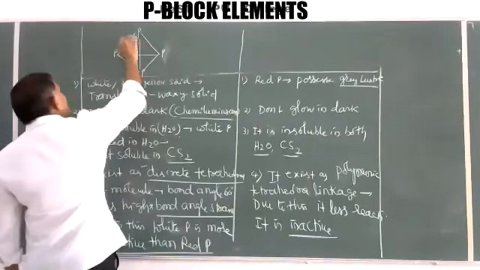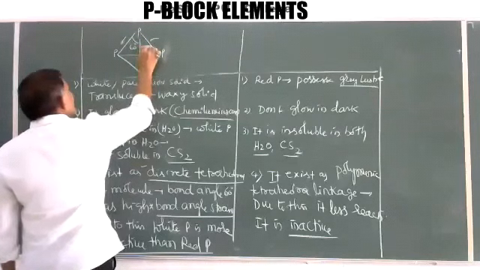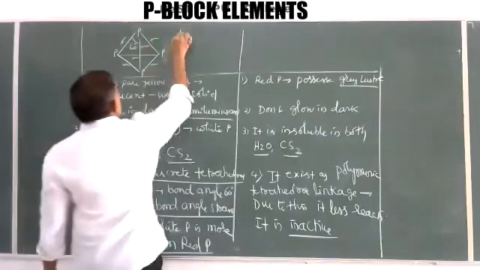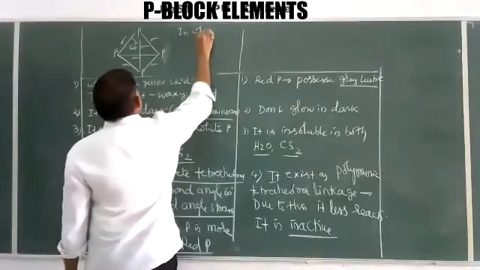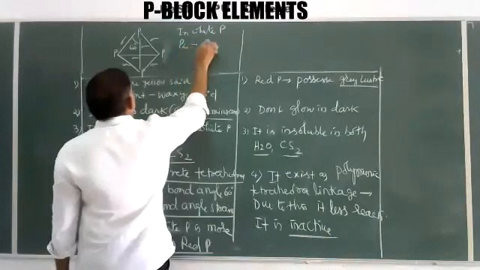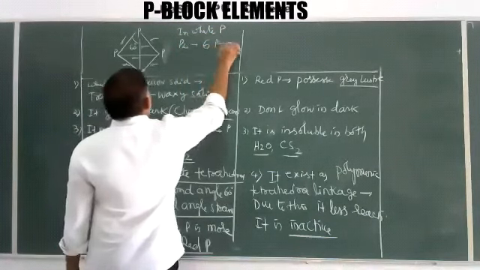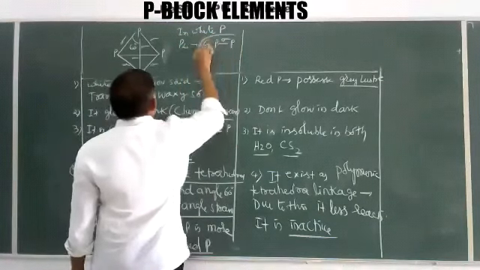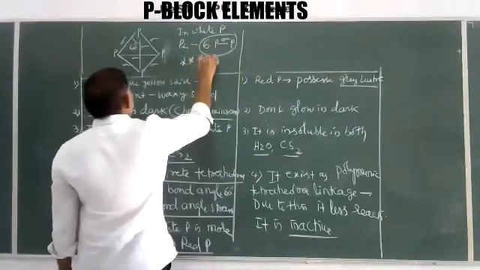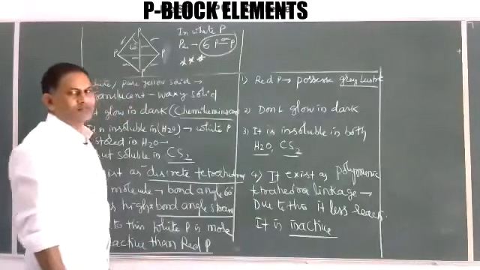Now the sigma bonds are 1, 2, 3, 4, 5, 6. So in white phosphorus, in the P4 molecule, 6 P-P sigma bonds are there. Very, very important. This was asked one year in the CET examination.